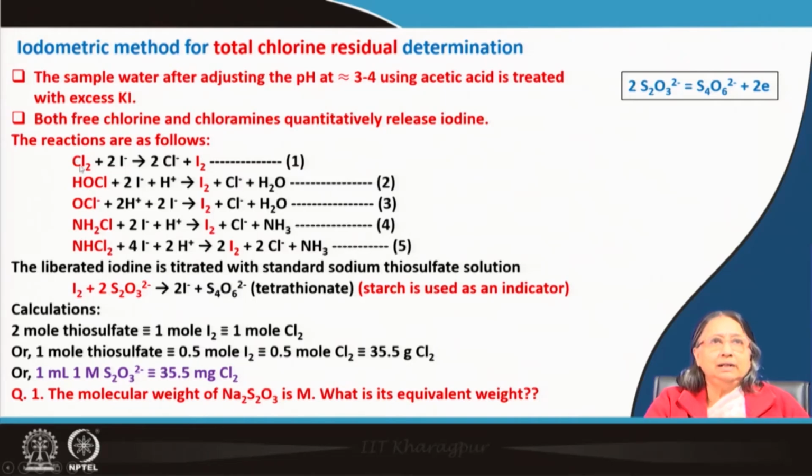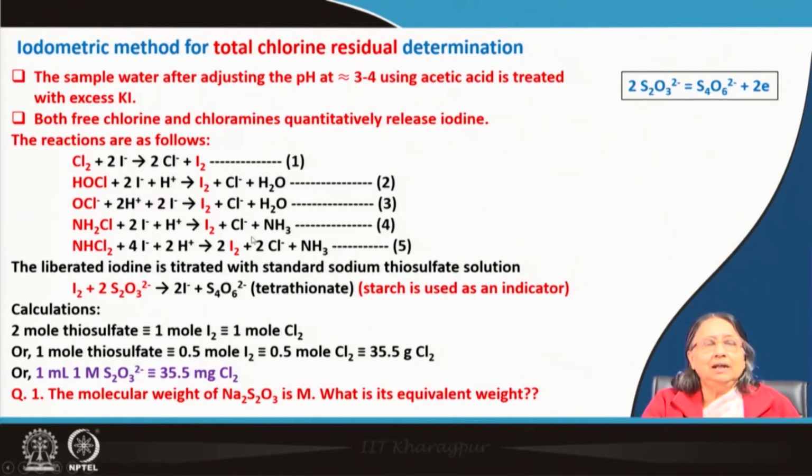Chlorine reacts to produce iodine, HOCl reacts to form iodine, OCl minus forms iodine, NH2Cl, that is monochloramine, the combined chlorine residual, also forms iodine, and dichloramine also forms iodine. All of these are total chlorine, that is why it is called total chlorine, and all produce iodine.